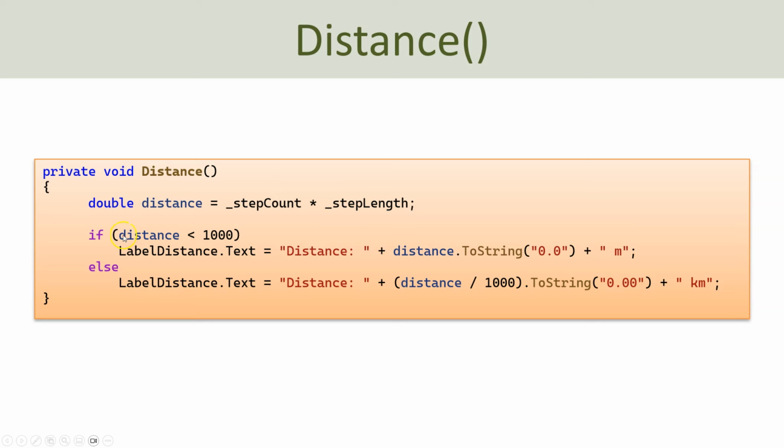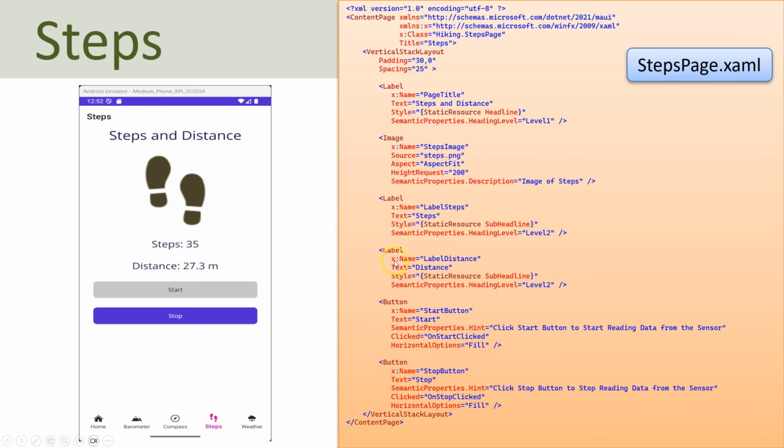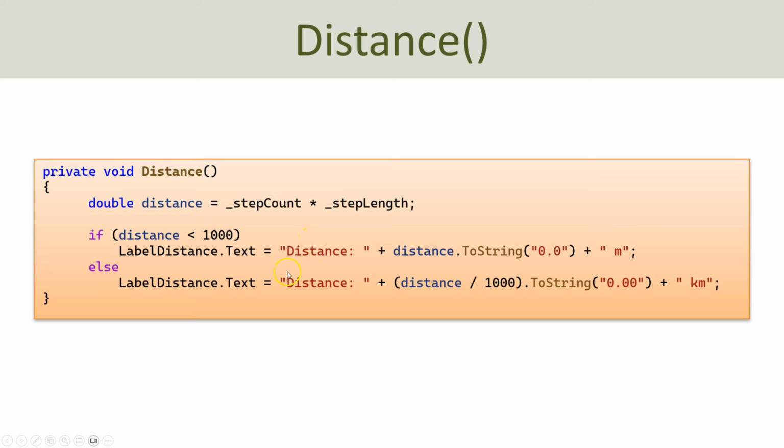And I present the value in this label distance, which is part of the user interface. And if it's above 1000 meters, I don't use meters as the unit, but I use kilometers instead, like this.